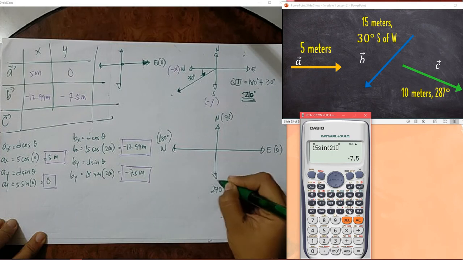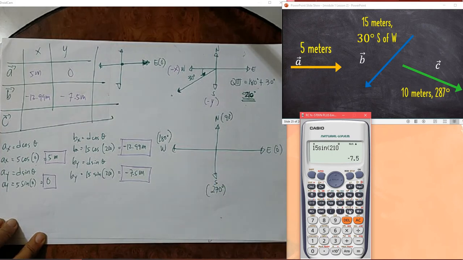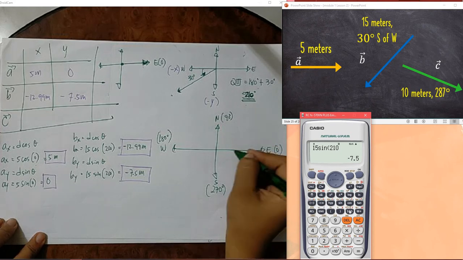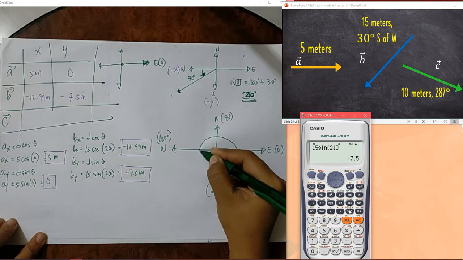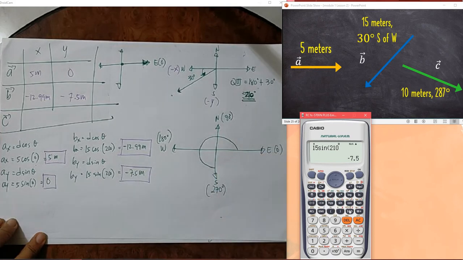For the south, we have 270 degrees. Now, based on our given, it's 287 degrees. And it's already in the counterclockwise direction, so it has already gone around. But we are still short by 17 degrees, because this is only 270. We need to add 17 degrees to meet the 287.